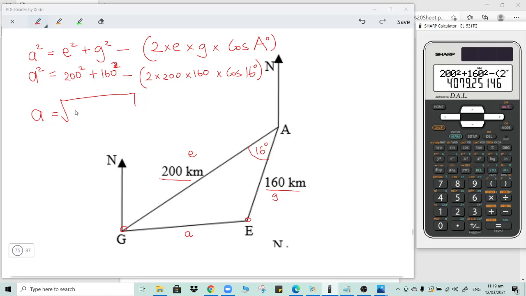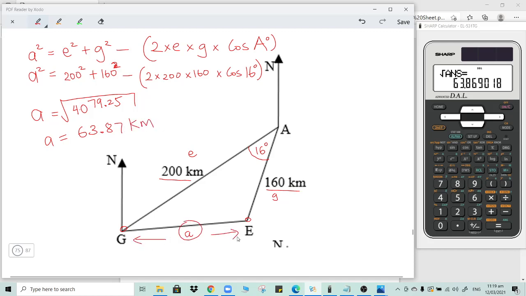Voila! We get 4079.25, and we just need to square root that. So we square root that answer, and we get roughly 63.87 kilometers, and that's the distance from G to E.